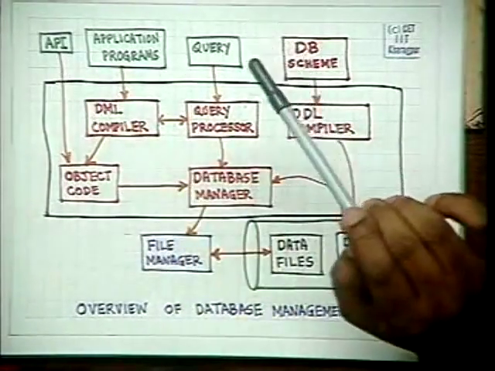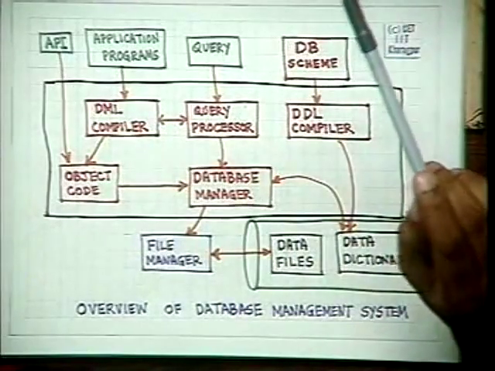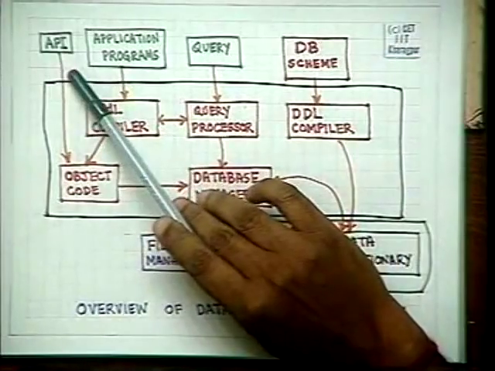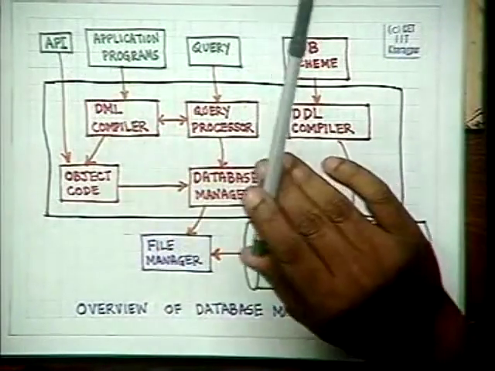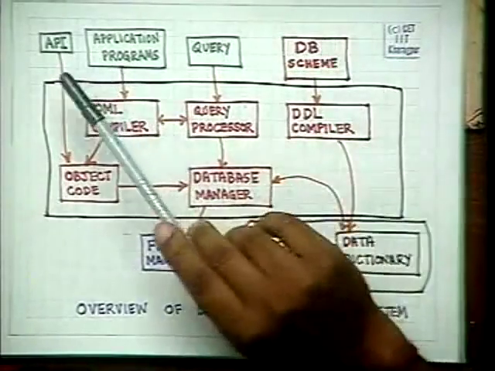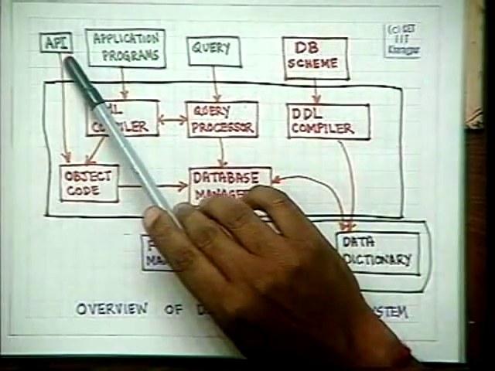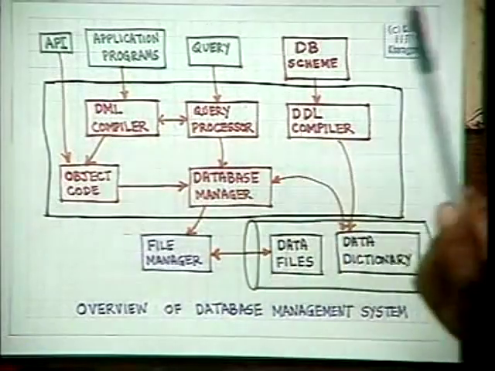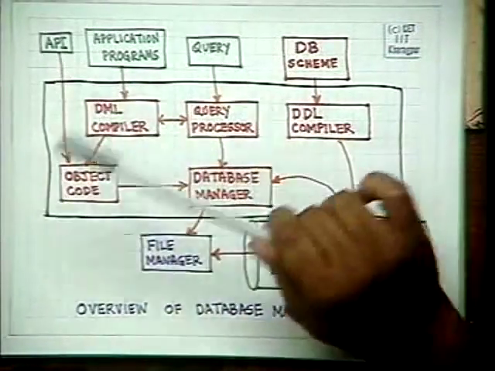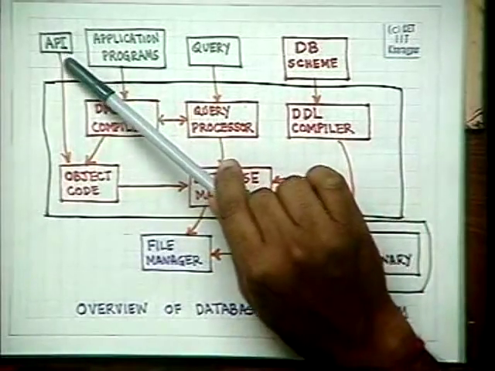For example, at a terminal of a railway reservation system, a person works on a fixed menu, reservation, cancellation, or other types of predefined formats. The person working on an API cannot write any programs. He can just enter some data into some forms and that data will be loaded. So, it is a completely menu driven mechanism.